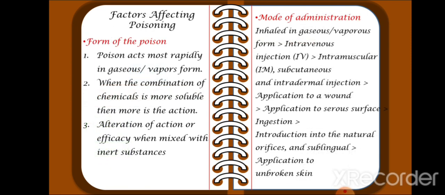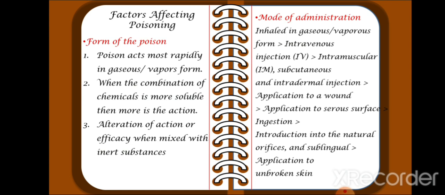Next is the form of poison. The poison acts most rapidly in gaseous or vapor form, rather than in solid form. When the combination of chemicals is more suitable, the action is greater. For example, if we take two substances and combine them into a highly toxic compound, singly they are not that toxic, but when combined we get a very toxic substance.